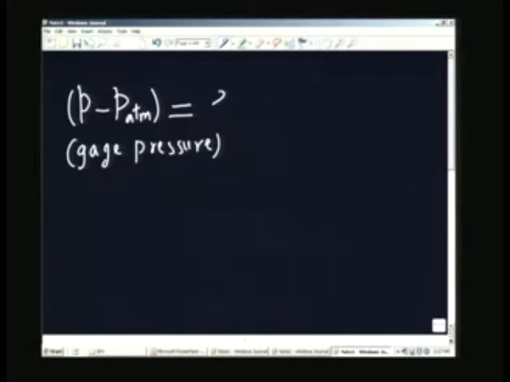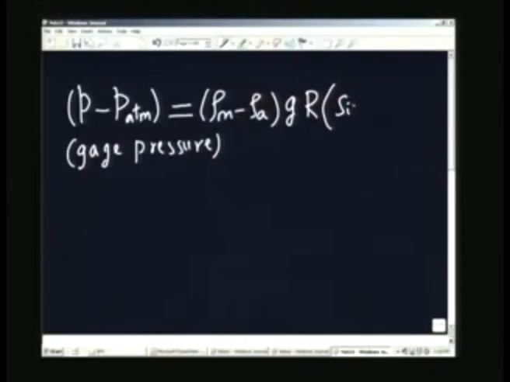rho m minus rho air, or rho fluid in general, multiplied by the gravitational constant g, multiplied by the reading. There are two factors inside this.